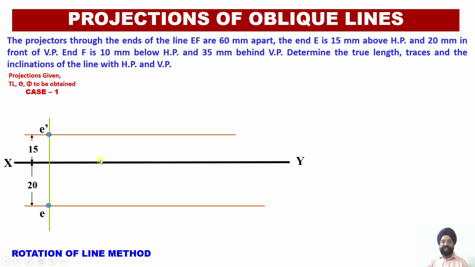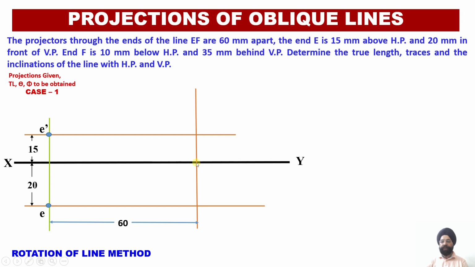Now the distance between the end projectors of E and F, they are 60 mm apart. So now I'll draw another vertical projector line where the projections of my end F will be lying, and two projections, that is projections of E and F, they are 60 mm apart.